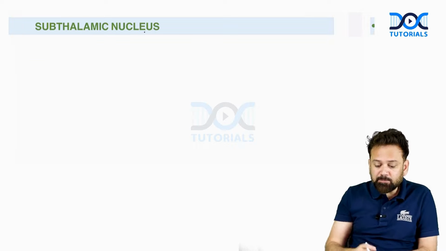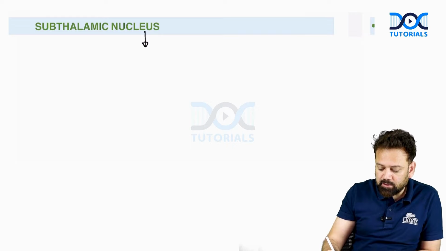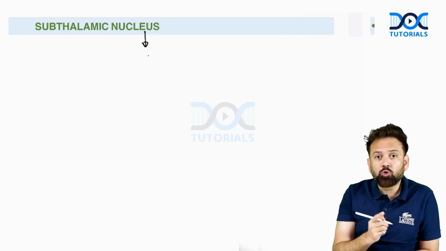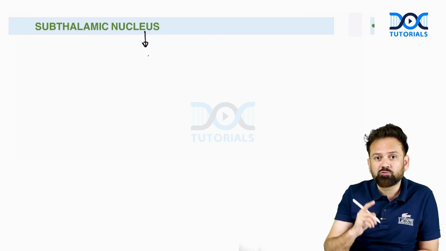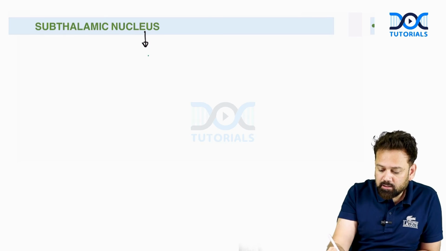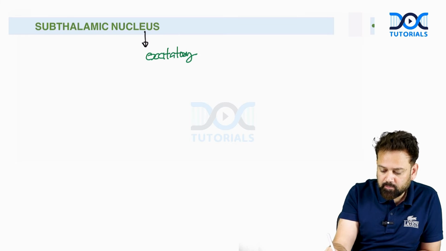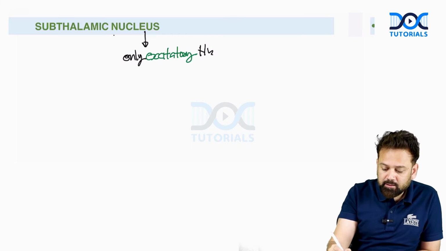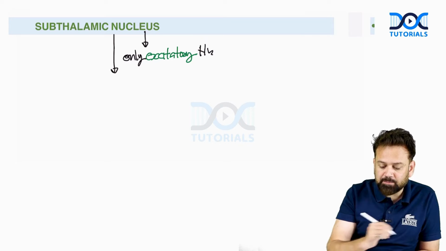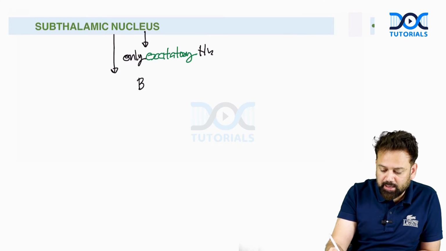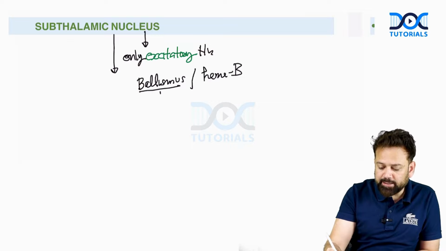We know that. Subthalamic nucleus: in the cerebellum, we know the only excitatory nucleus was the granular. Here, the only excitatory nucleus is the subthalamic. It is the only excitatory nucleus among all the basal ganglia. And if there is a lesion of the subthalamic nucleus, it can cause ballismus or hemiballismus. The word ballismus has been taken from belly dance.